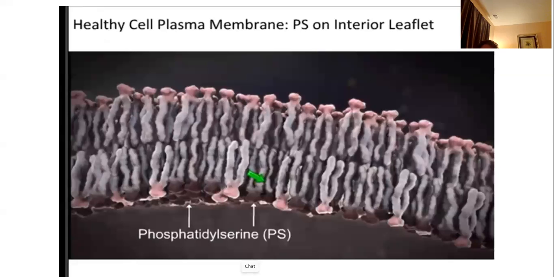So this is, as I talked about, normal cells, where the phosphatidylserine is inside. As long as the phosphatidylserine is inside, the macrophage will consider them as self, normal cells, so they will not attack them.